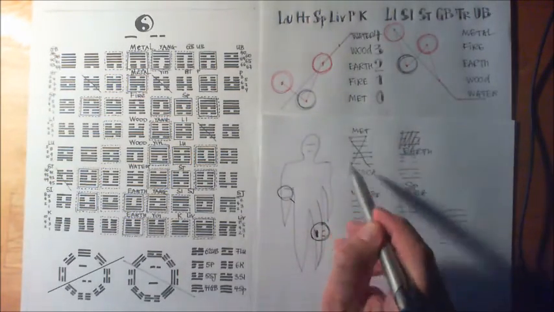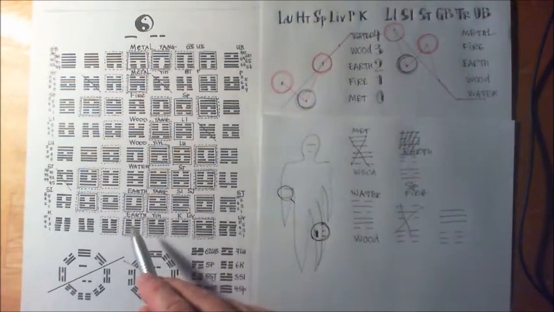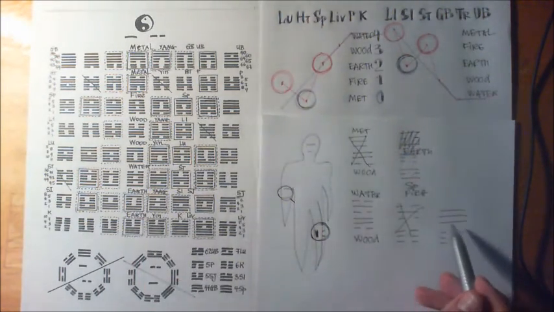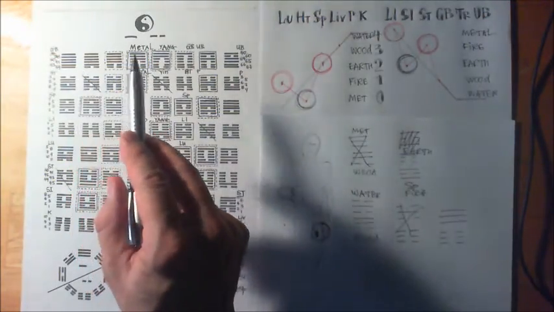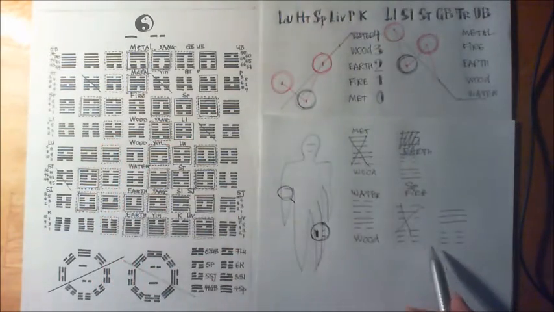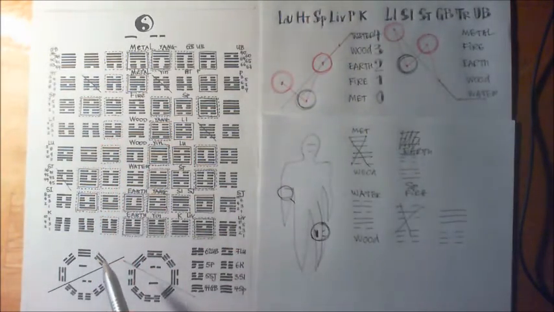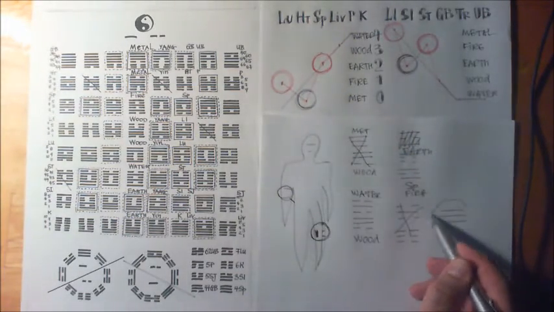So here we have the earth, and in the top we have the metal. So earth and metal are perfectly good, and they are also good by Fusi and by Wen Wan.